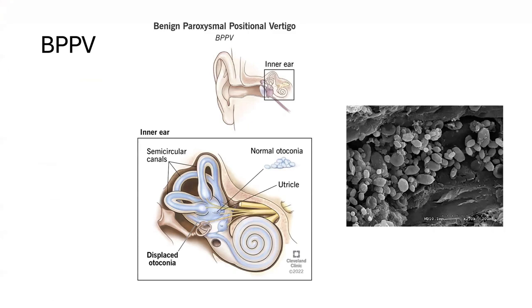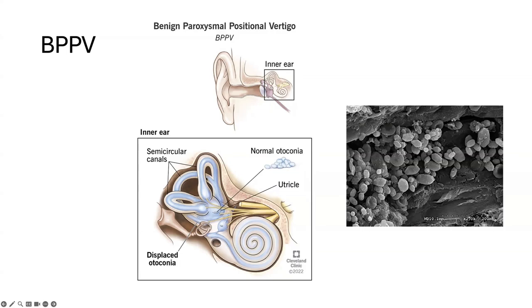They do naturally fall off, but for some reason, and there are lots of theories about previous traumas and that sort of thing, they somehow don't stay in the utricle, and they can drift backwards into these semicircular canals. By far the most common is the posterior canal, because it goes down, and so gravity will tend to keep them down, and they will tend to get in this posterior canal here.